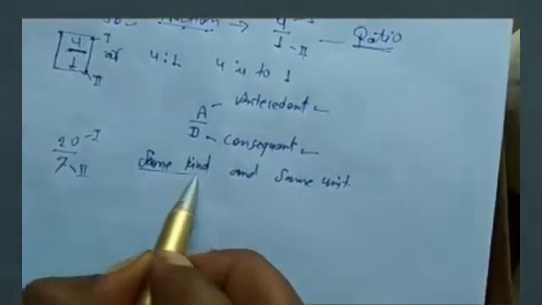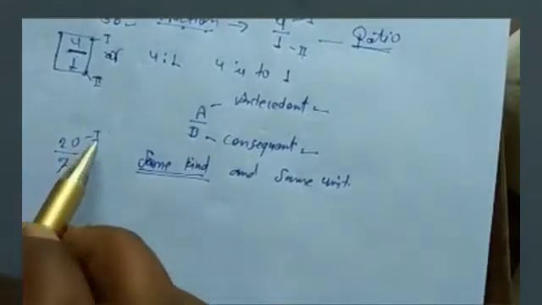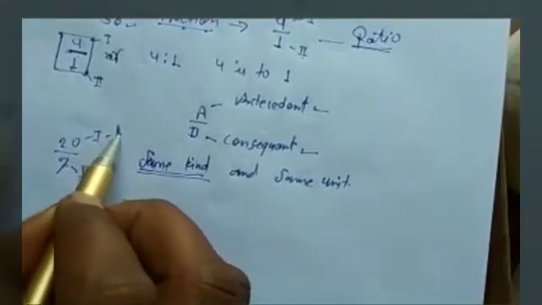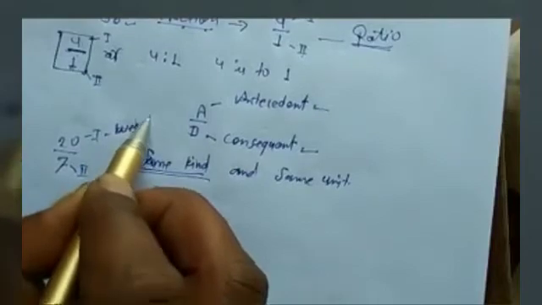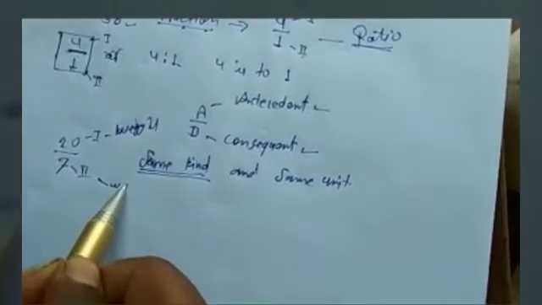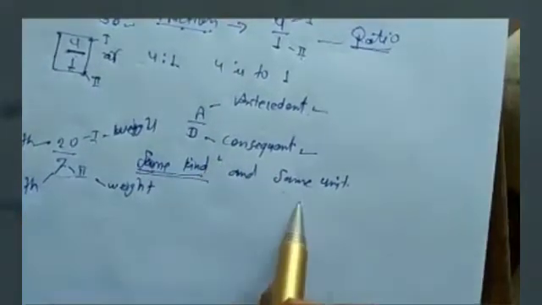Same kind means if the first quantity is weight, the other must be weight. If the first quantity is length, the other quantity must be length.